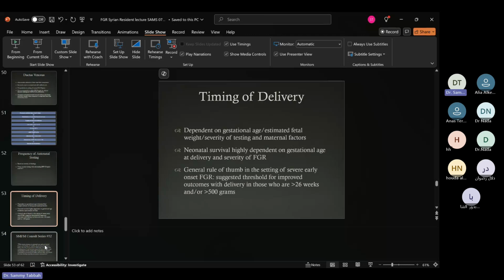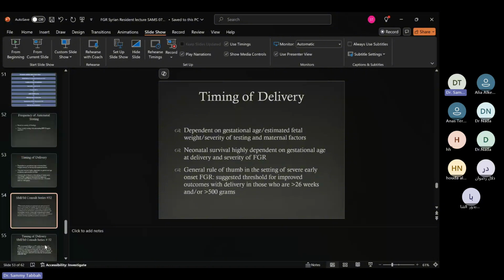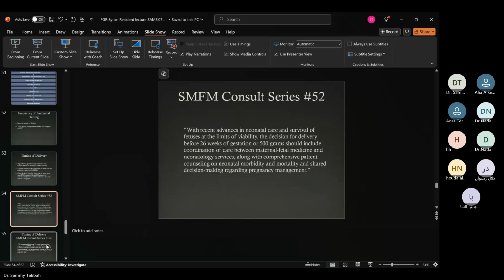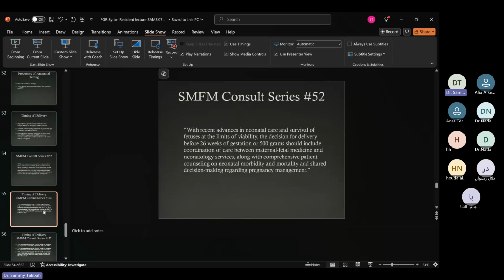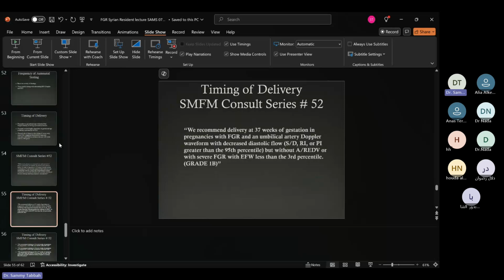So timing of delivery really depends on how severe the condition is, and it also depends on what your NICU capacity is. So here in the US, we recommend delivery at 37 weeks in pregnancies with fetal growth restriction.